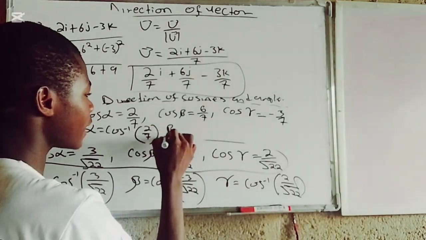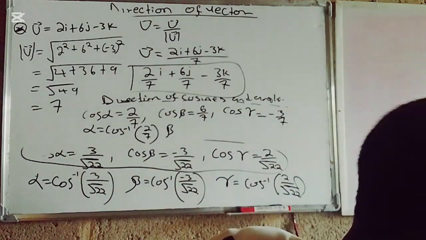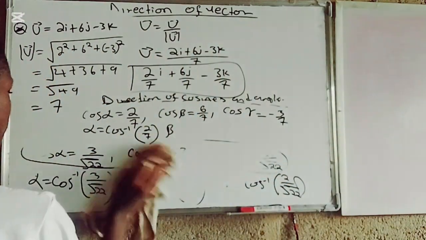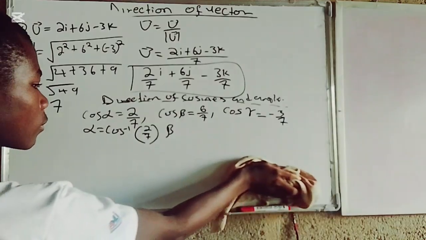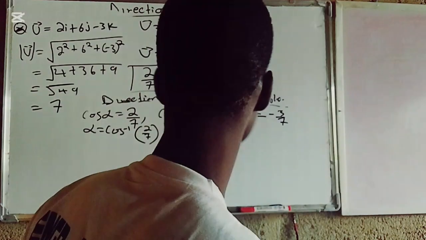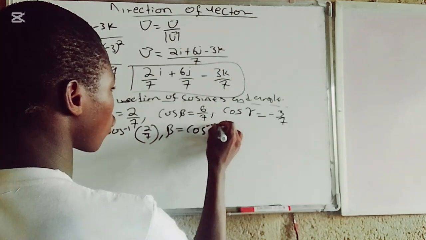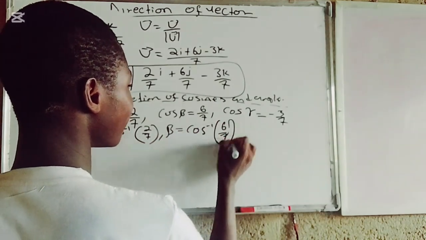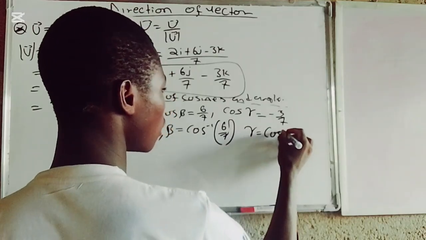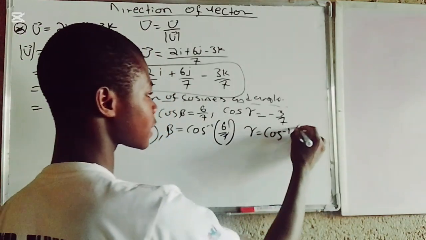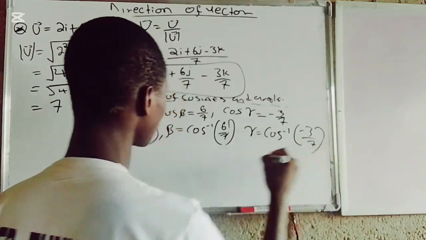And therefore beta is the same thing as cos inverse of 6 by 7, and gamma is also cos inverse of negative 3 by 7.